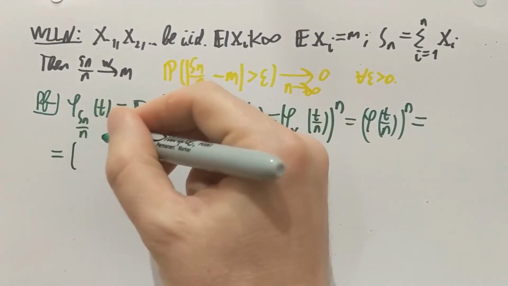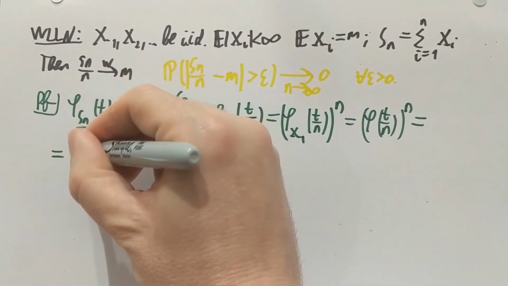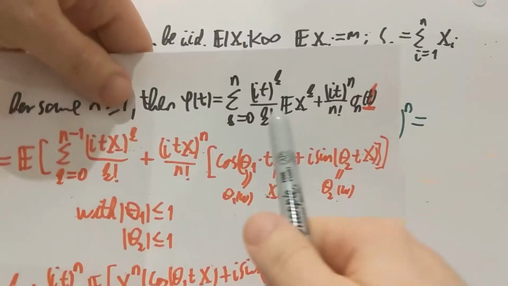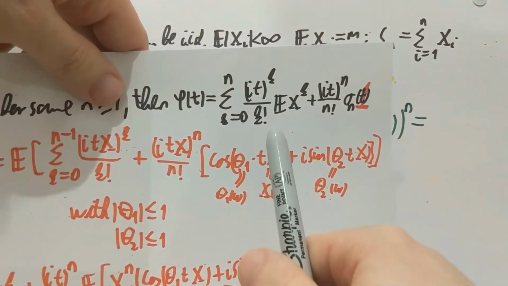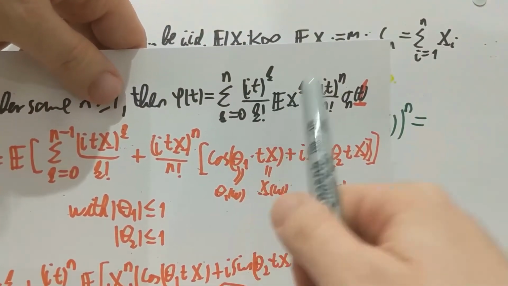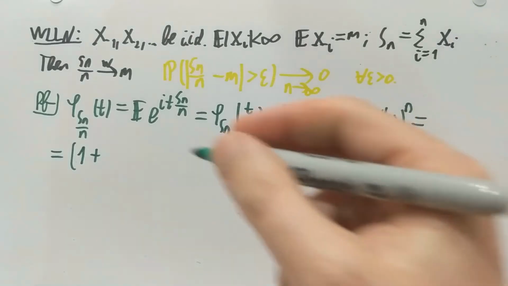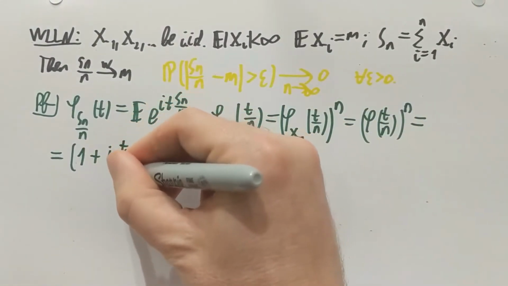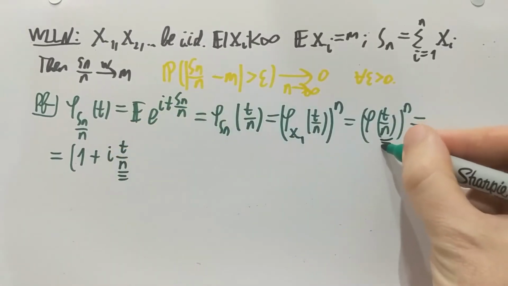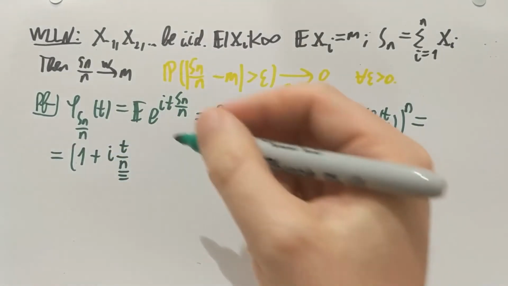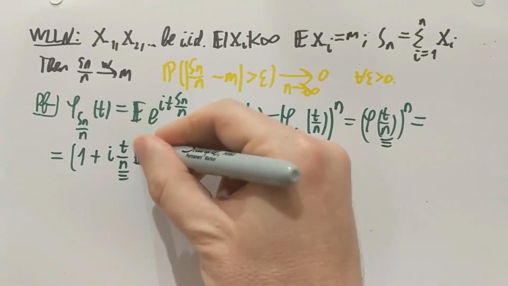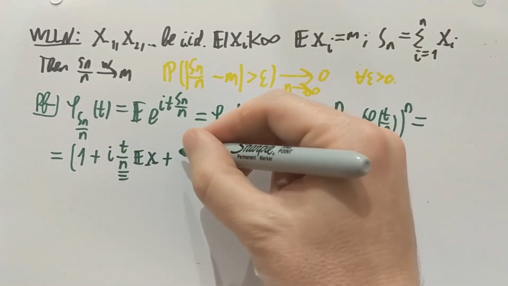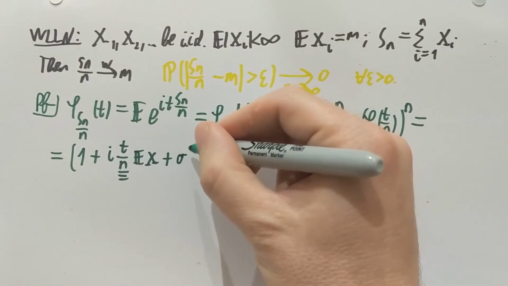The first term, when k equals 0, is just 1. That's the k equals 0 term from here. k equals 1 gives an it times the first moment, except we have to be a bit careful because instead of t, we're working with t over n now, times the first moment. And then there is an error term which is little o of t over n.